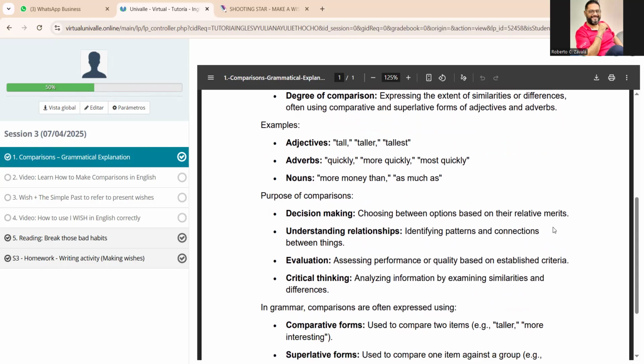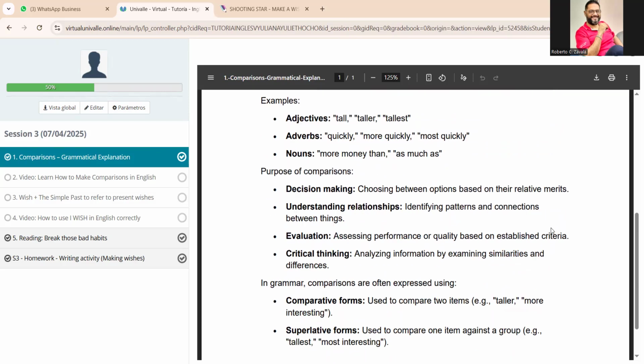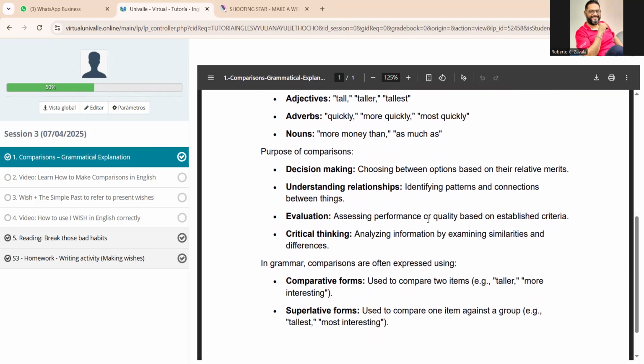Purpose of comparison: decision making, choosing between options based on their relative merits; understanding relationships, identifying patterns and connections between two things; evaluation, assessing performance or quality based on established criteria; critical thinking, analyzing information by examining similarities and differences.